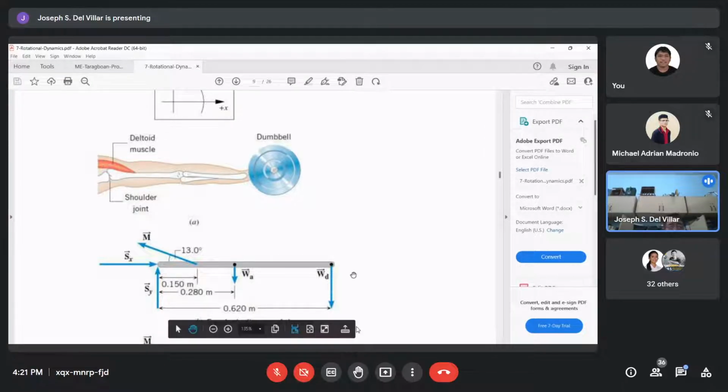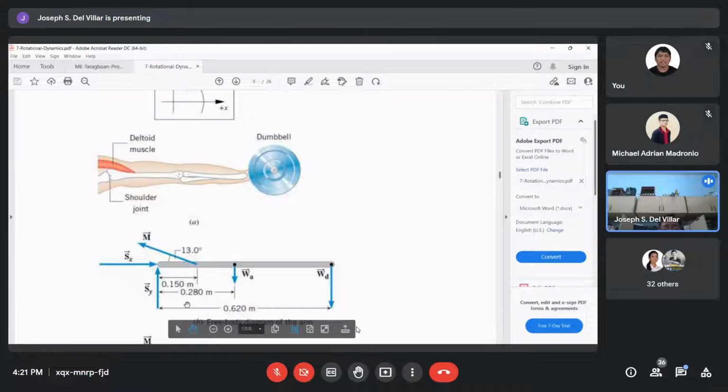Okay? So these are the forces acting on the arm. The two weights, weight of the arm itself and the weight of the dumbbell, both vertically down. Ito yung muscle of the deltoid is inclined to the left, upward.